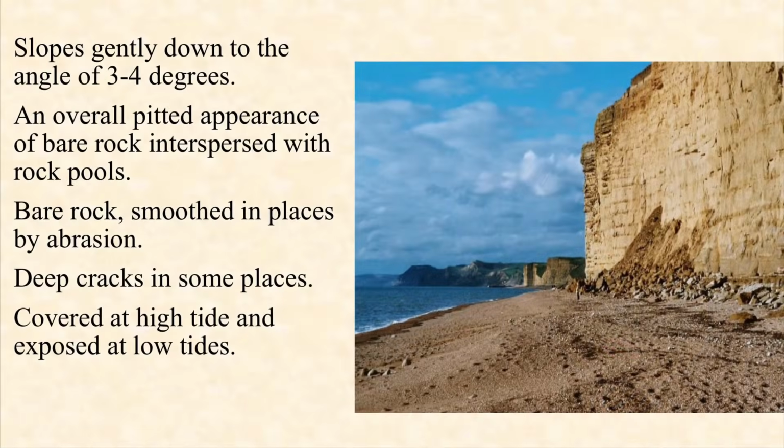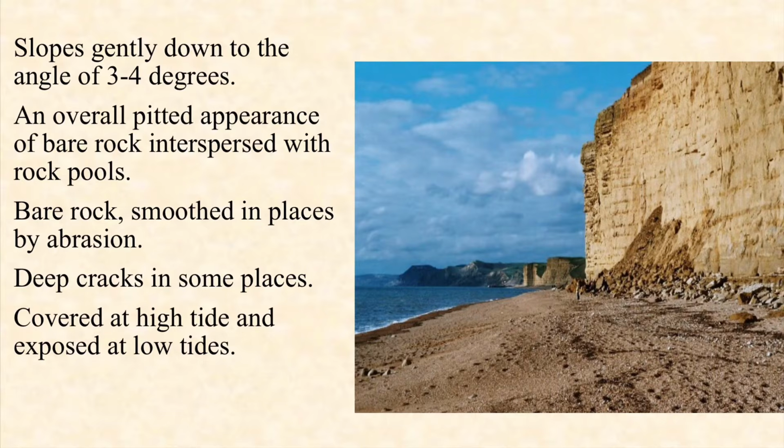So let's just outline the characteristics of a wave cut platform before we begin looking at the formation of this particular coastal feature. So from the cliff face towards the sea, wave cut platforms have a gentle slope at an angle of about 3 to 4 degrees.